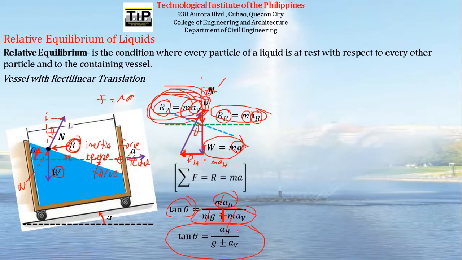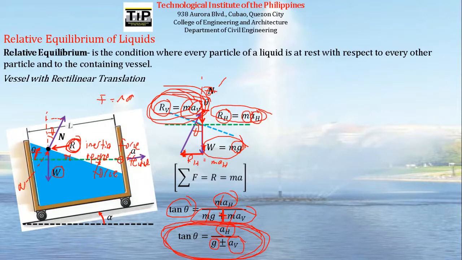Tangent theta is equal to the horizontal component of the acceleration over the gravitational acceleration plus or minus a sub v. Okay. So this is the equation to remember.